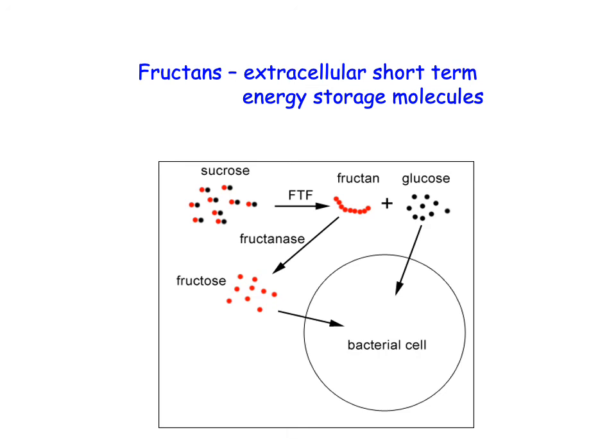Take the fructose and generate these polymers, or fructans, that it can use later. So when it runs out of a source of food, it's got these fructans that it can break back down into fructose and then send those through glycolysis.